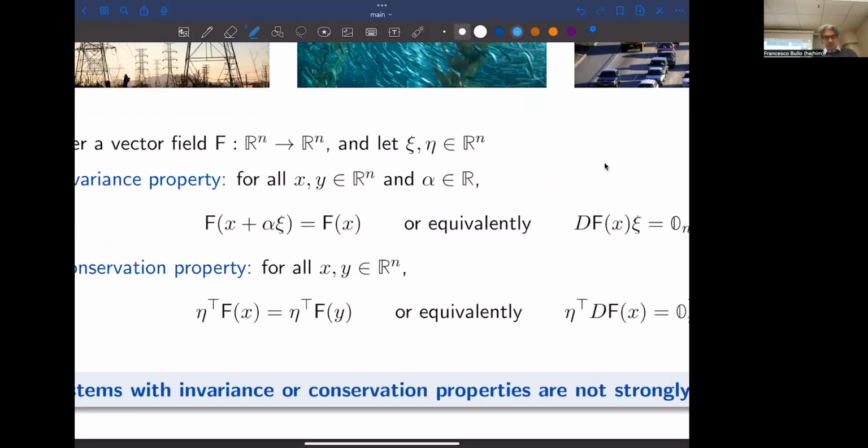It means that if you translate the state in an appropriate direction xi by any amount alpha, the vector field does not change. So if you're moving at a certain speed and you now translate me, I continue to move in the same direction. So that's an invariance property.